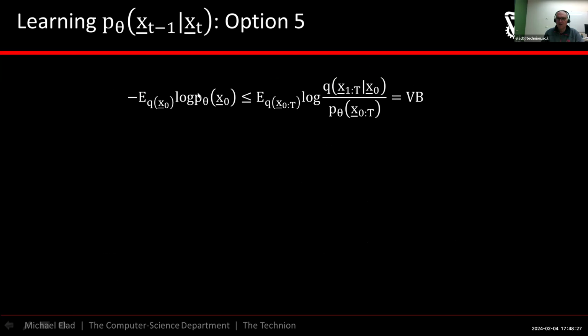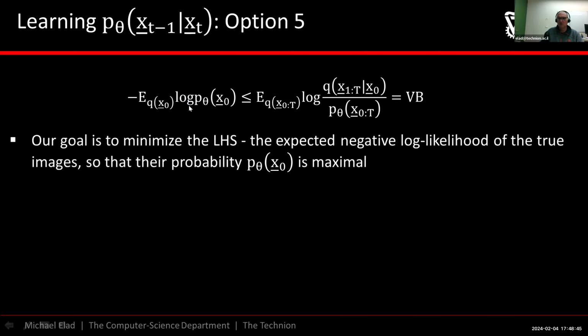Instead of minimizing this, I will minimize this. This is known as the variational bound. It is upper bounding this expression, and up to this constant, it's never negative. We do know that. So minimizing this pushes down this and hopefully achieves our goal. Okay? So this is what we are doing. Instead of minimizing the left-hand side, we minimize the right-hand side.